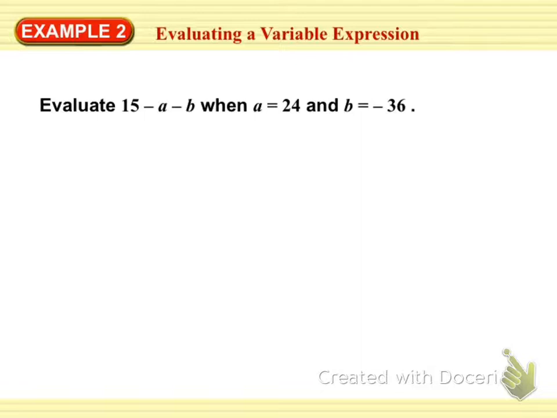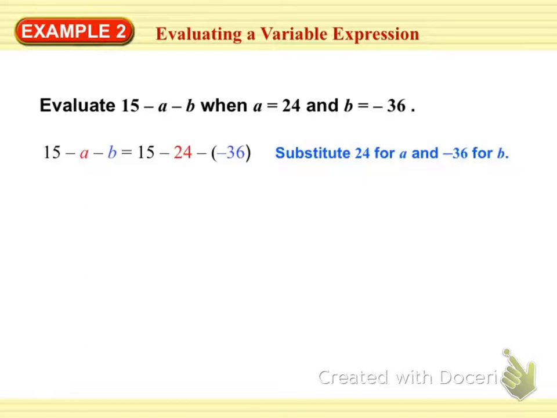This time we're going to evaluate 15 minus a minus b when a is 24 and b is negative 36. If it's a variable expression, the first thing we do is substitute. We substitute 24 for a and negative 36 for b. So 15 minus a minus b will be 15 minus 24 minus that negative 36.